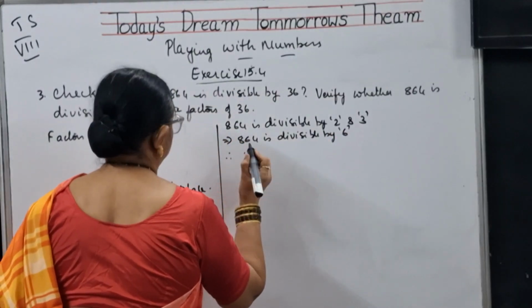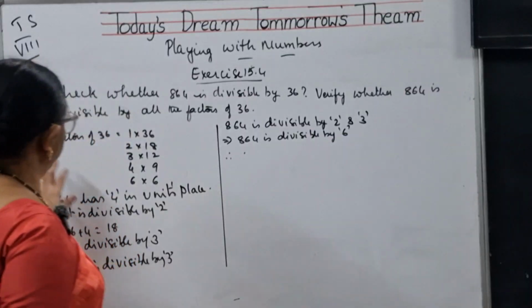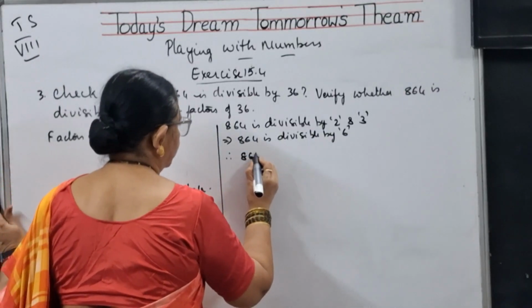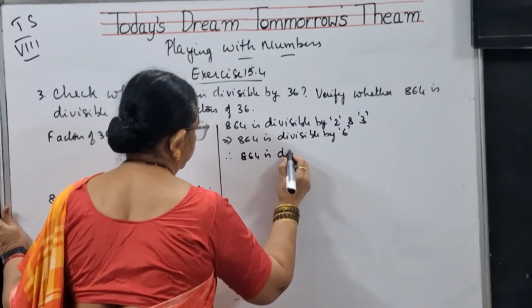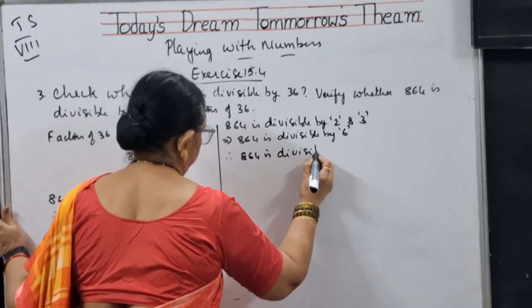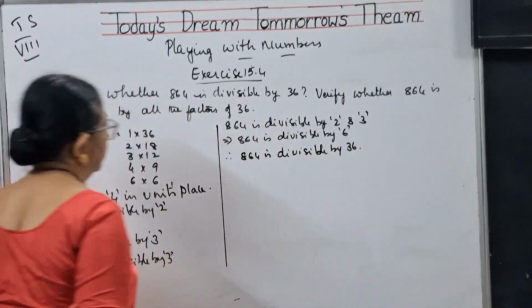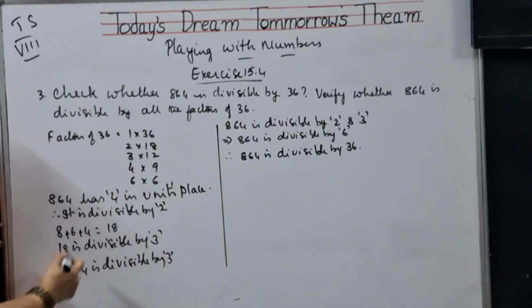Therefore, 864 is divisible by 36. See children, last numbers I have taken.